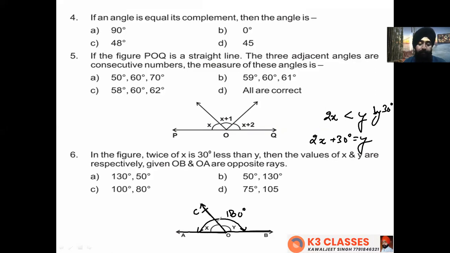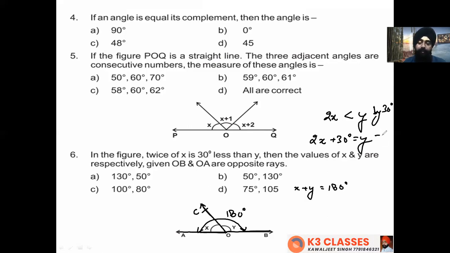OC is a common arm, and the arms OA and OB of the angles x and y lie on the opposite sides of this common arm OC. That means x and y are supplementary angles. So we can say that x plus y is equal to 180 degree.